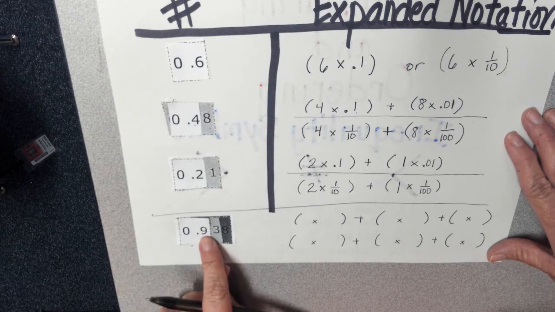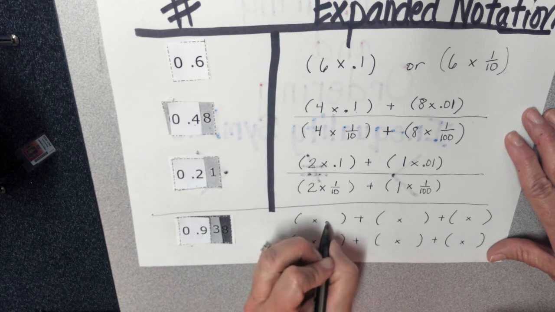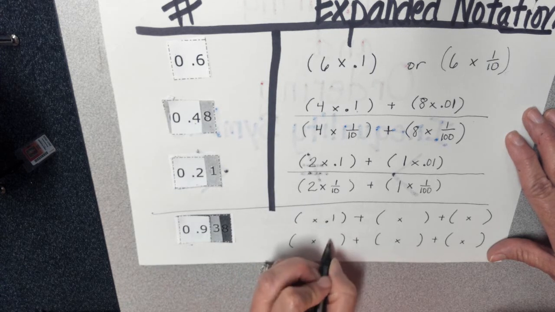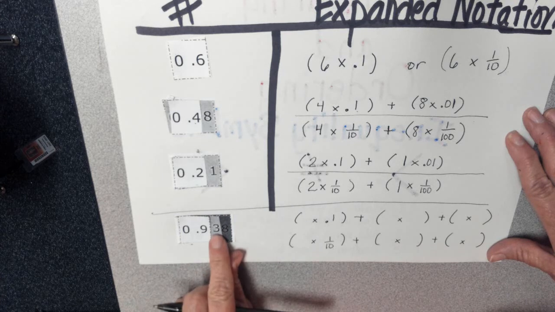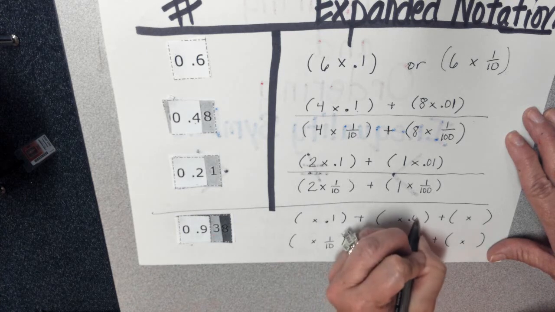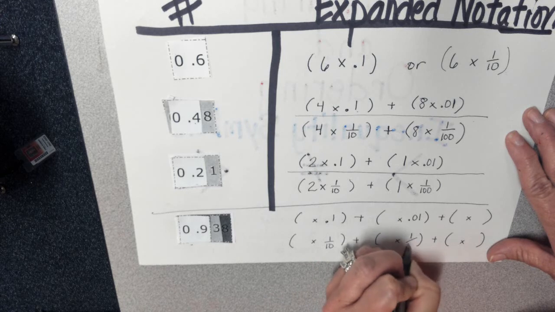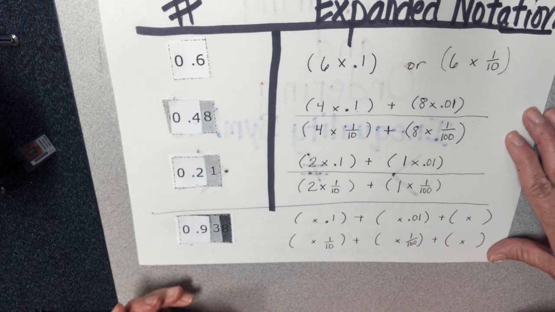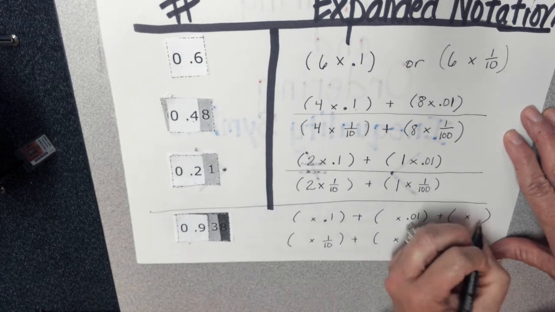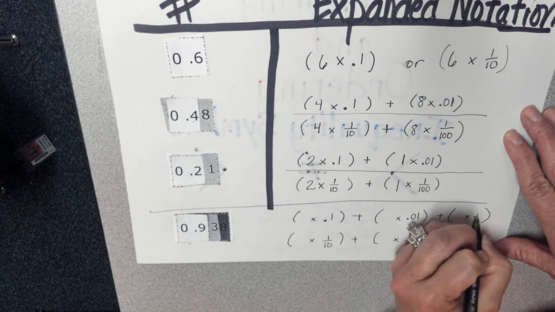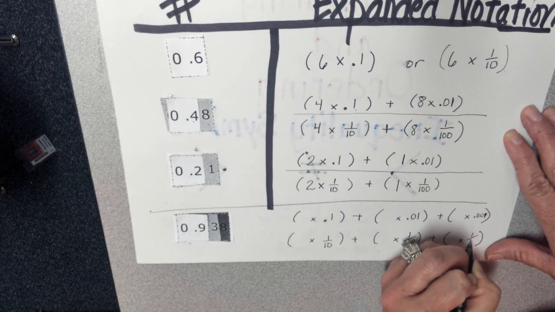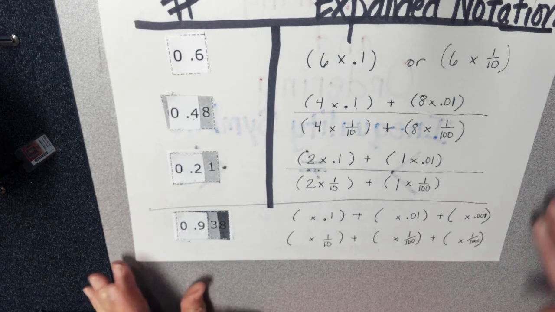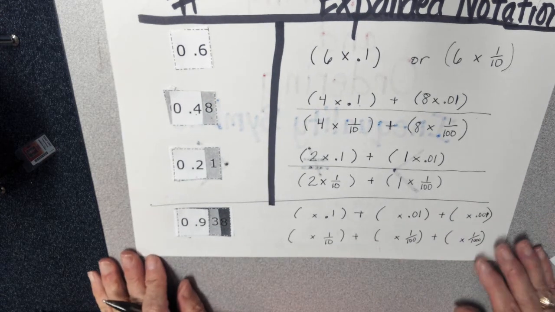We have a number that is in the tenths place. We have a number that is in the hundredths place. We have a number that's in the thousandths place. Now all we have to do is go back and fill in the value of that number.